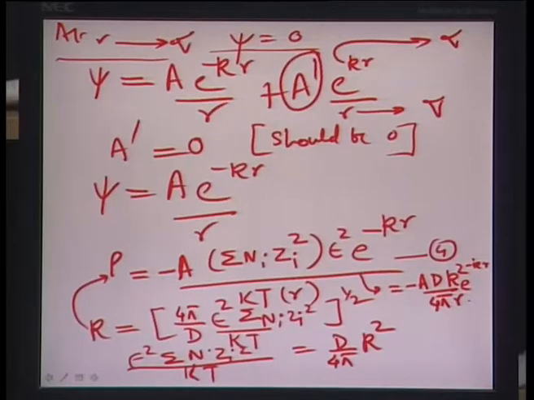So this can be represented as minus a d k square e to the power of minus k r divided by 4 pi r.